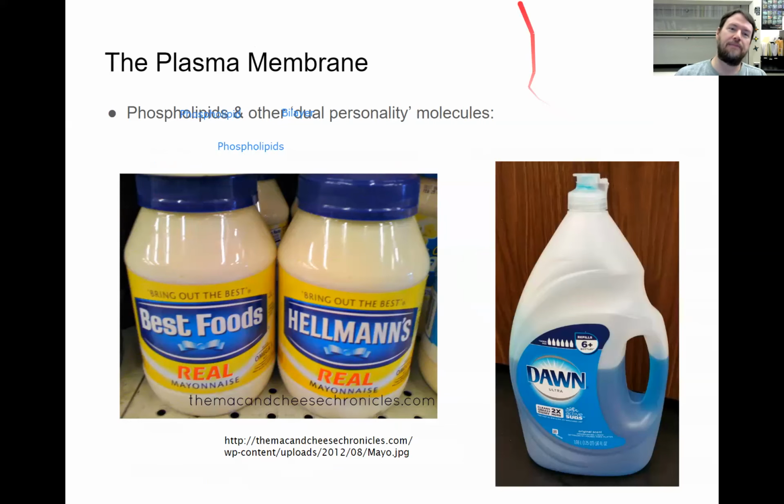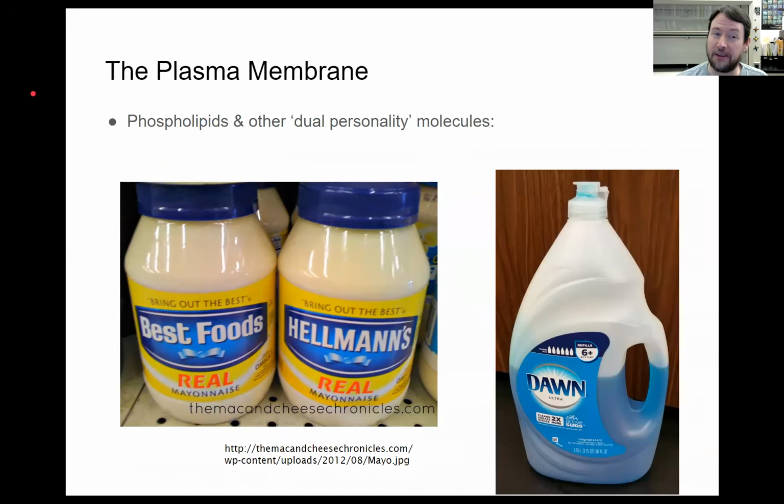All right, so you are probably familiar with these kind of dual personality molecules that are partially hydrophilic and partially hydrophobic. You actually saw an example of this in the water lab when you used dish soap to sink that paper clip. Dish soap molecules aren't quite phospholipids anymore because they don't like to use phosphate in soaps and detergents for other reasons that we'll get to later in the term.